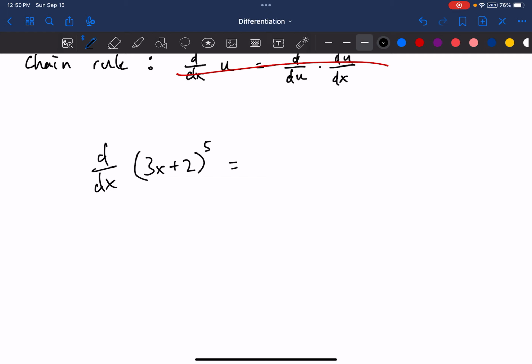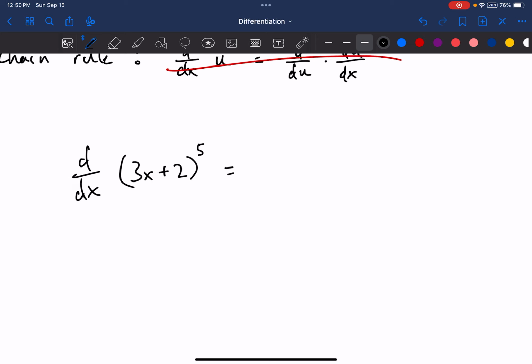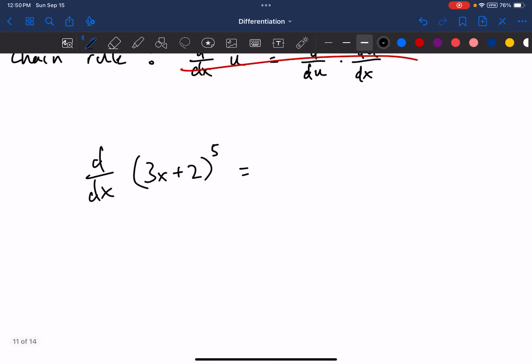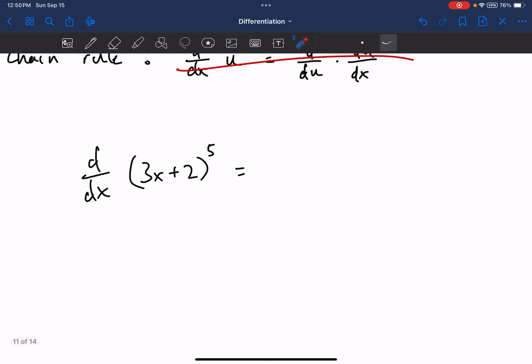So what we would do is use something called chain rule. So I would do this a little bit slower. Okay? So if you want to differentiate something like this, you can substitute this as u, right?